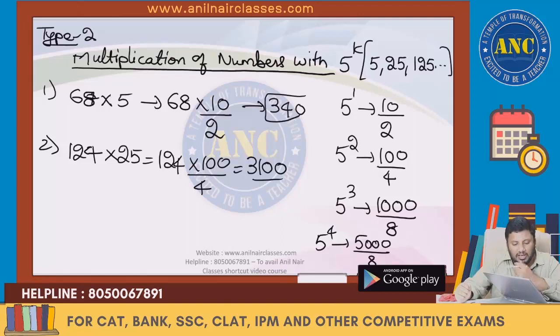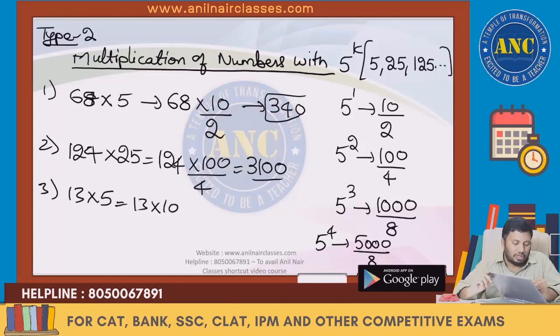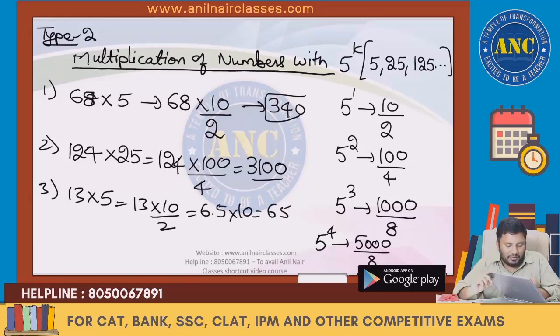I hope it is clear. Suppose it is 13 into 5, what will we do? 13 into 10 by 2, which is 6.5 into 10, which is 65.